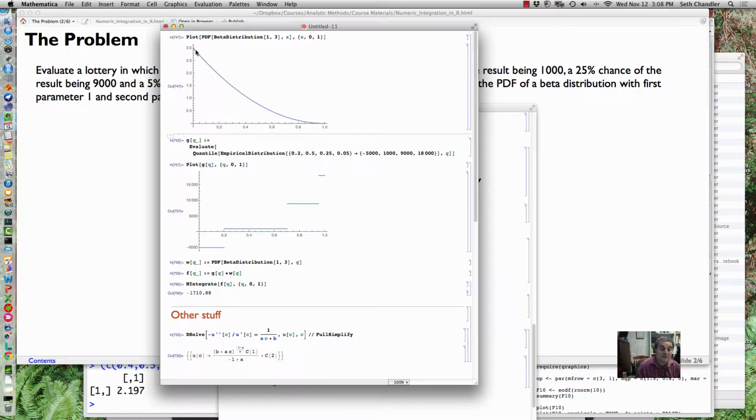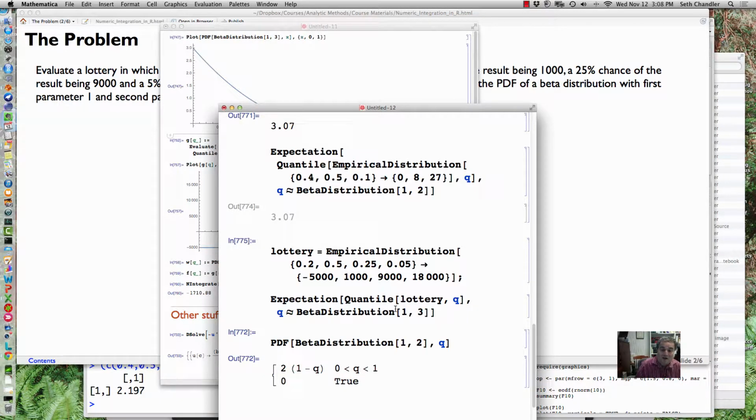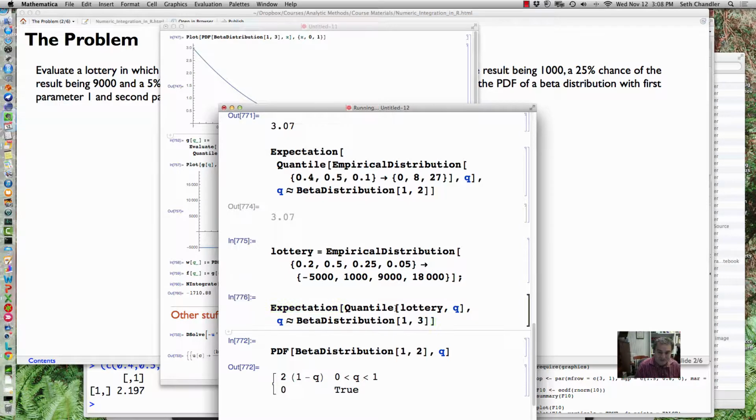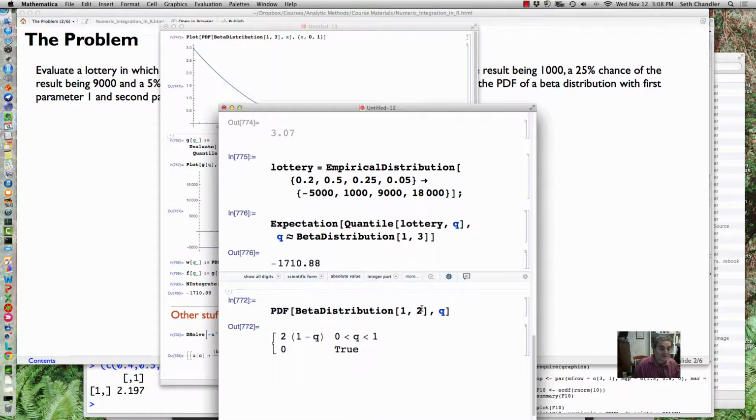That's this here. So it's even more heavily emphasizing the bad stuff than our linear relationship did. There's more stuff here. So let's actually do this and look at that. Negative 1,710.88. Okay? All right, so now we've done it.